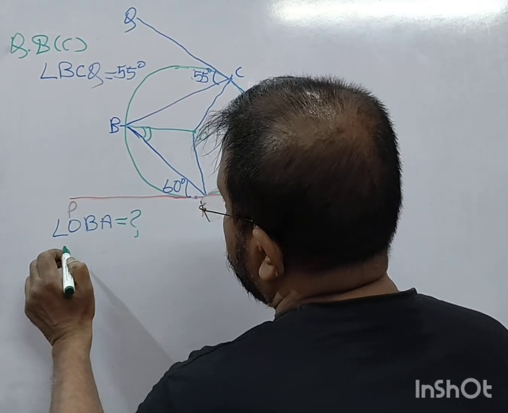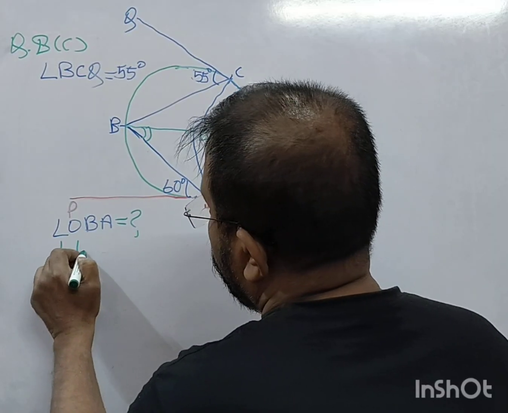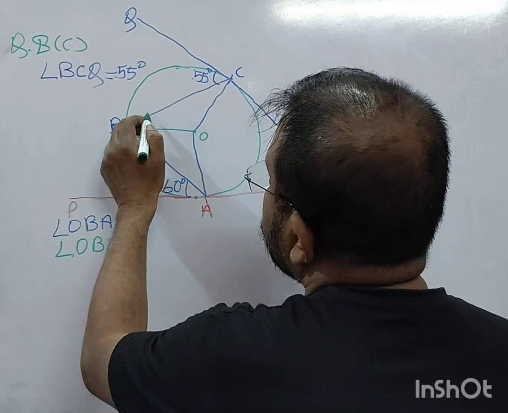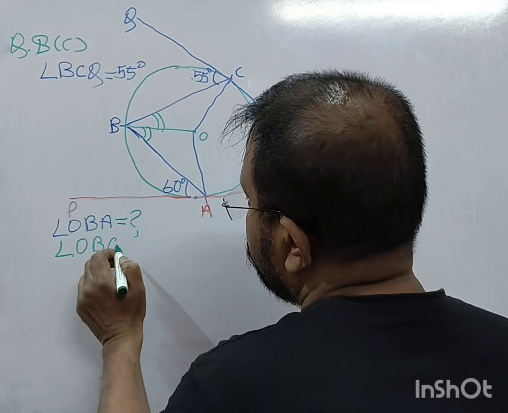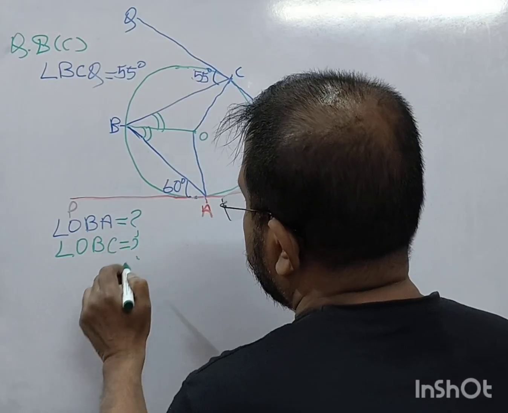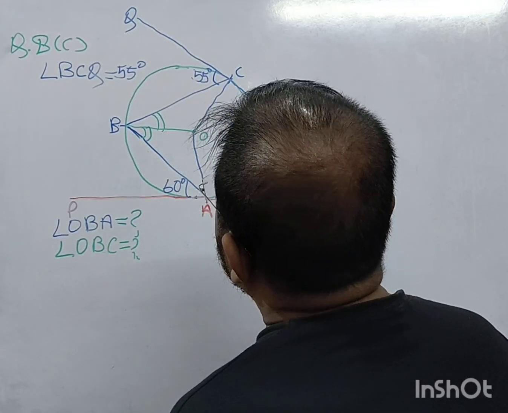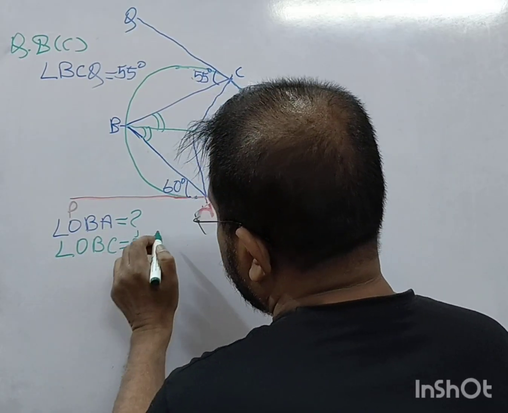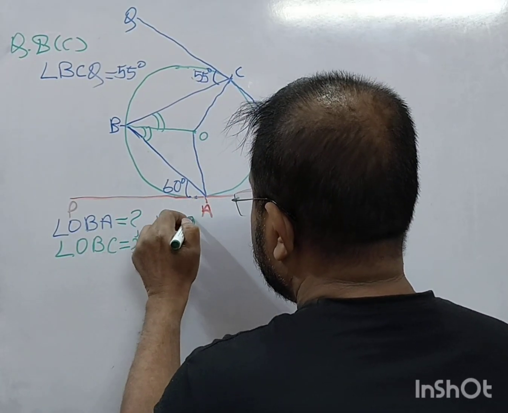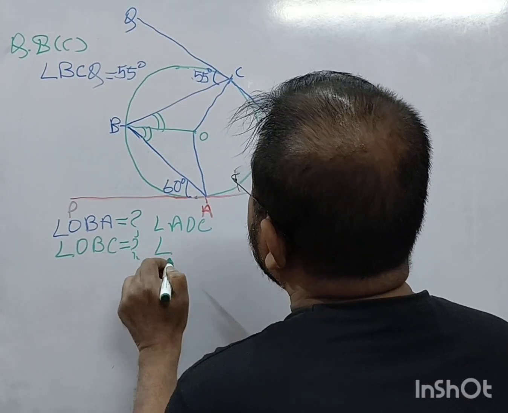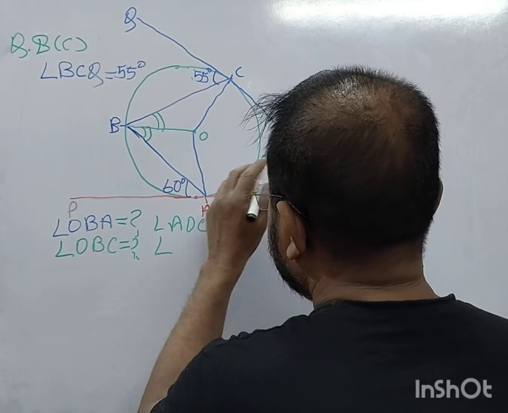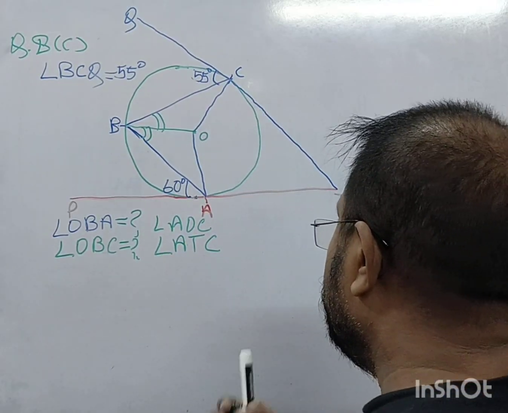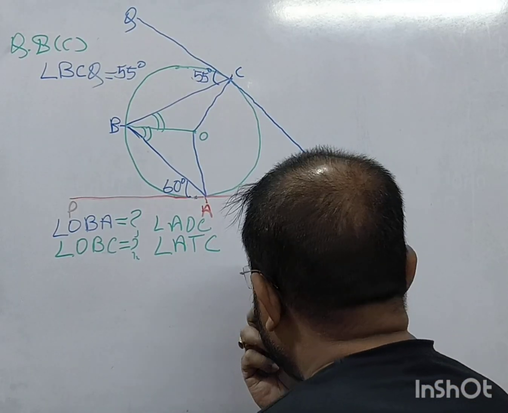Then OBC, this angle we have to join. Fine. Angle AOC. Angle ATC. Okay.